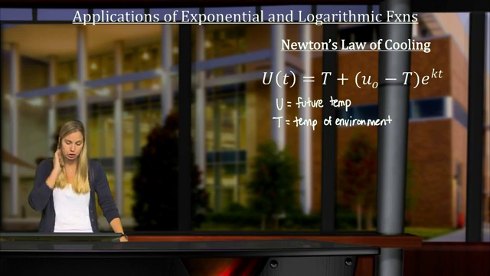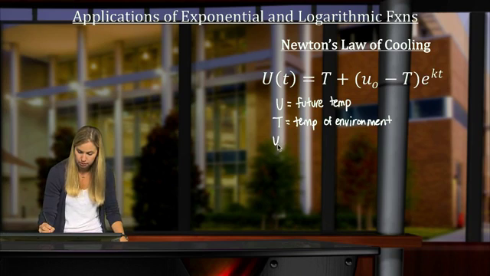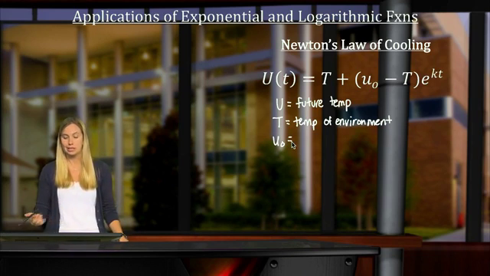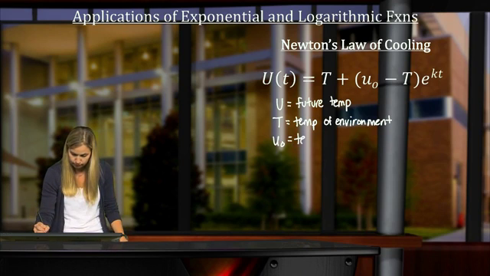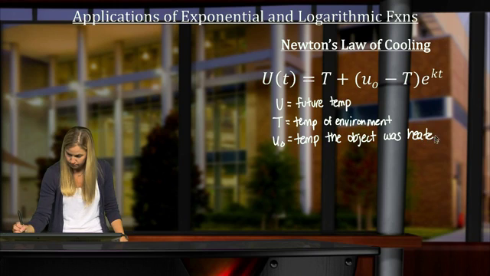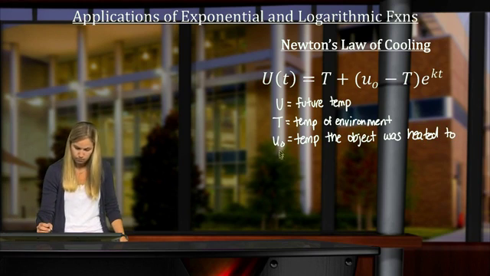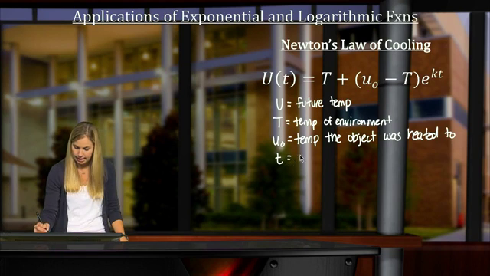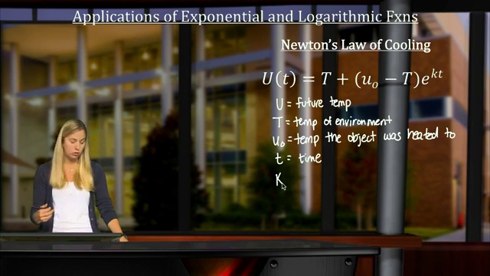That has to do with the temperature of the environment. u naught is the temperature that your object was heated to. Lowercase t is time. And k is our rate of cooling.